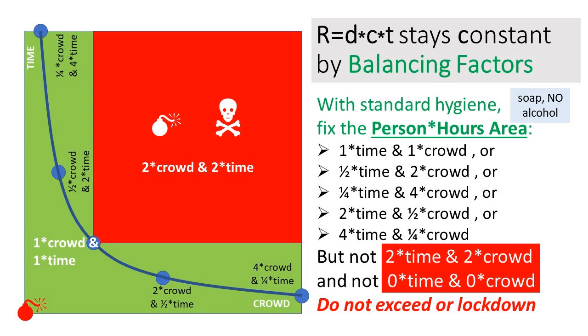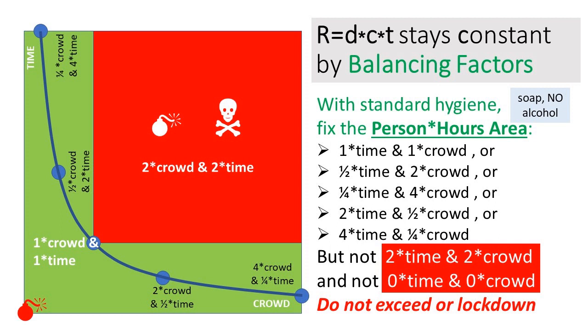Therefore, halving the time will balance doubling the crowd, and doubling the time must be balanced with halving the crowd. Therefore, the message of the three-factor formula is simple. Do not exceed. Do not lock down.